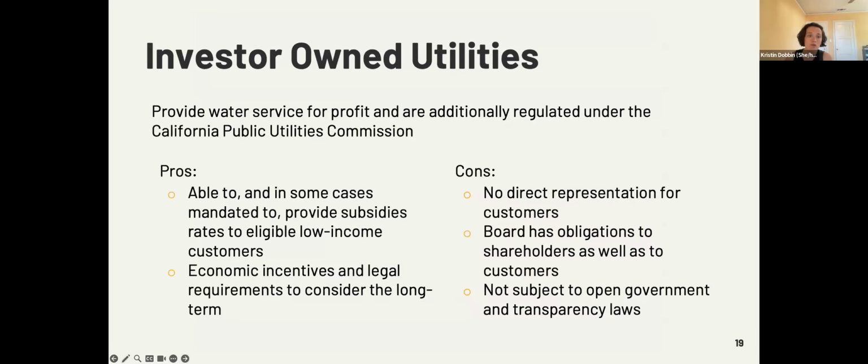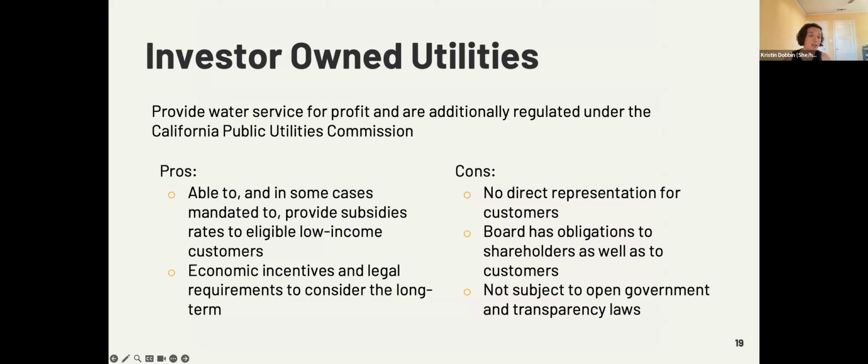So investor-owned utilities provide water service for profit and are regulated by the California Public Utilities Commission. Some of their pros are that they are able to, and in some cases mandated to, provide low-income rate assistance programs, as I already mentioned.